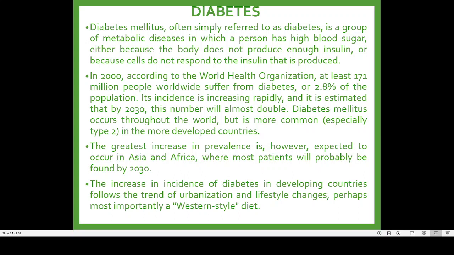By blood sugar we normally refer to glucose, because glucose is the nutrient that gives us energy for the various activities performed by our body. So in the case of diabetes, there will be a high level of sugar in the blood. That is the typical symptom of diabetes.